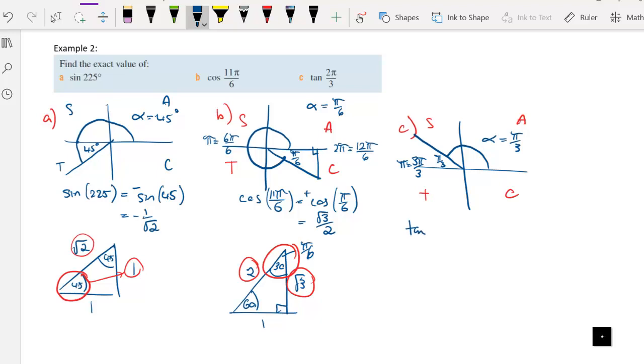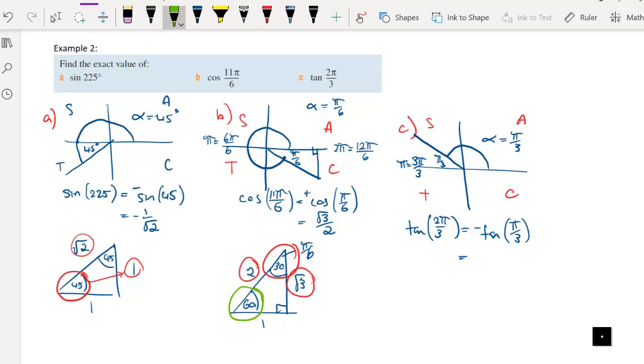Okay, so tan 2 pi on 3 is the same as negative tan pi on 3. That's our acute angle. And now we're looking, let's use green this time, at calculating what tan pi on 3 is. So if we go back over here, pi on 3 is the same as 60, so there's our angle.